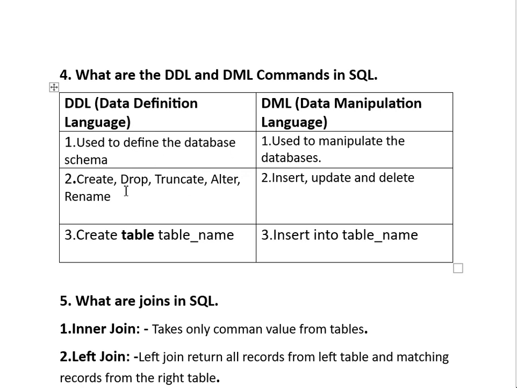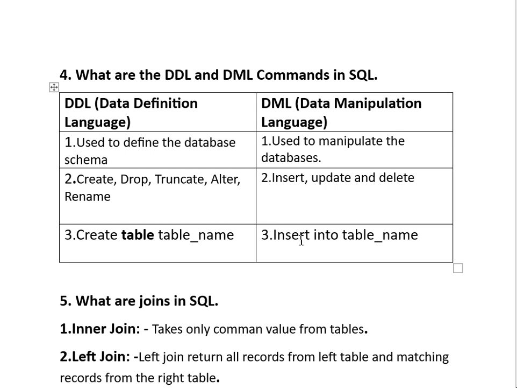Now the syntax: when we use DDL commands, we write create table table_name, drop table table_name, truncate table table_name. But in DML commands, we do not use the table object.